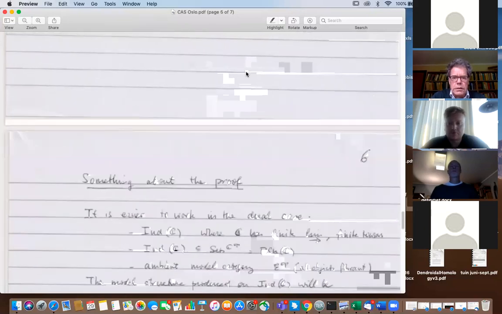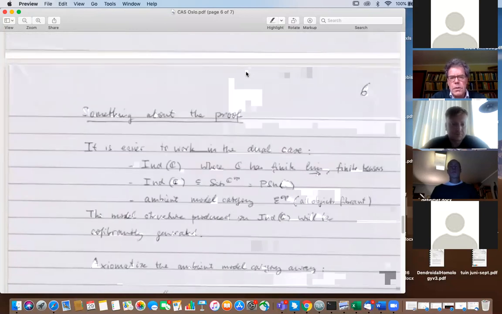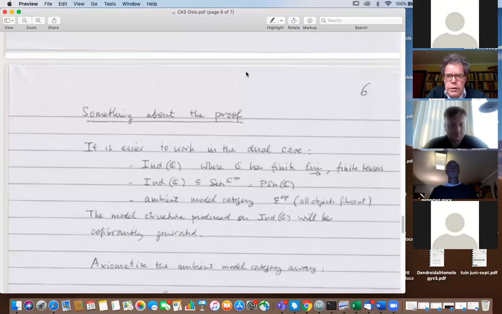I would like to say a few things about the proof. Maybe the first thing to say is that we don't prove the theorem in the way I stated it, because the arguments become much more standard if you work in the dual case. It really becomes a usual way of constructing cofibrantly generated model categories.